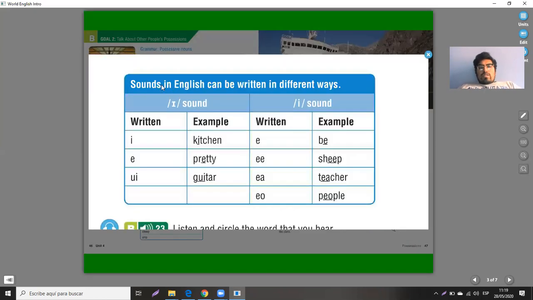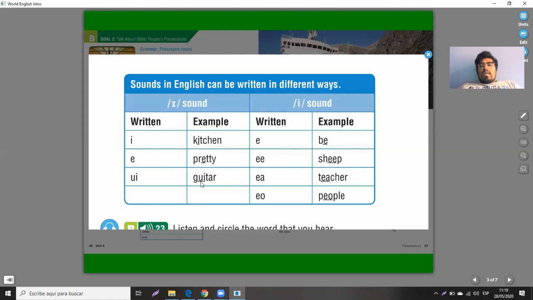So sounds in English can be written, escritos, in different ways, en diferentes formas. For example, this sound, written E. Example, kitchen, pretty.